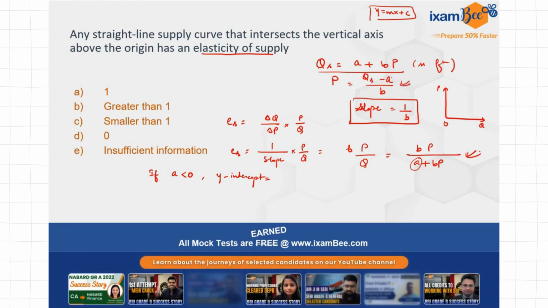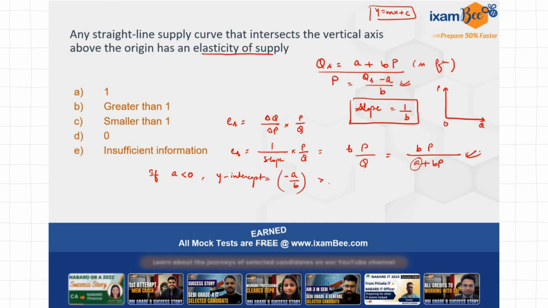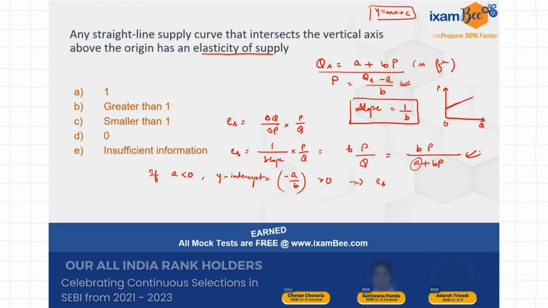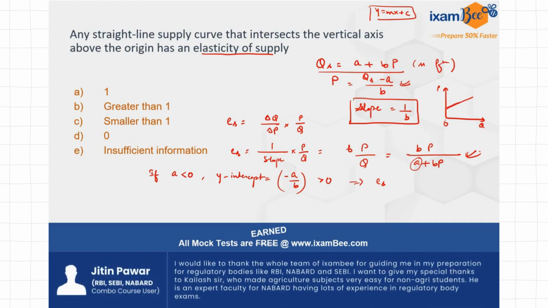You know the value of the y-intercept here is minus A upon B. So if A is negative, then this y-intercept will become positive. Positive means that your supply curve would be originating above the origin.